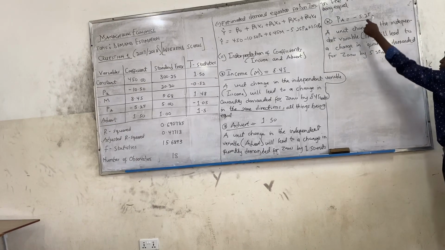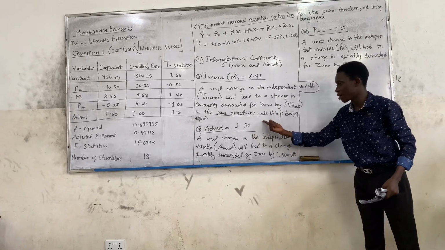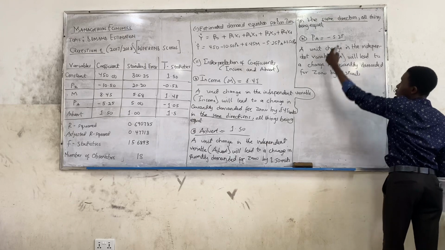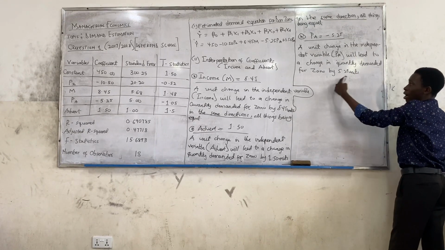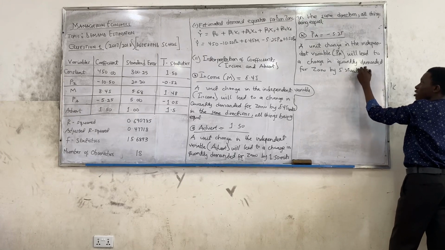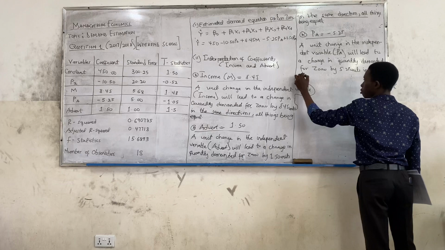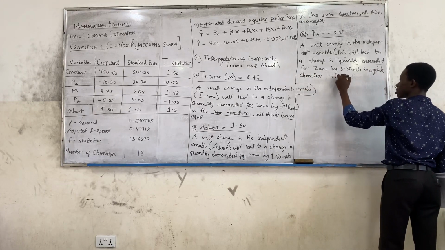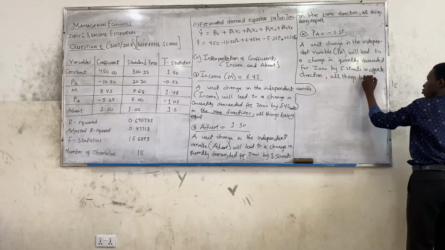Since it's negative, it's in the opposite direction. If it's positive, same direction. You still interpret the same way, but since it's negative, it becomes by 5.25 units in the opposite direction, all things being equal.